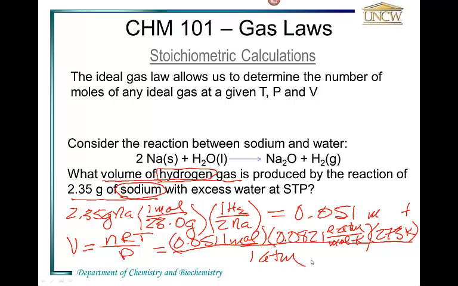And if we do that math, it turns out we have 1.14 liters of hydrogen. So all we have done is to use exactly the same stoichiometric calculation to determine the number of moles of hydrogen gas, and then instead of using its molar mass to figure out the mass of hydrogen, we use the ideal gas law to figure out the volume of hydrogen under standard conditions.